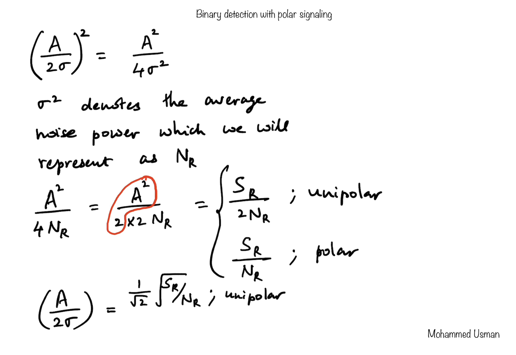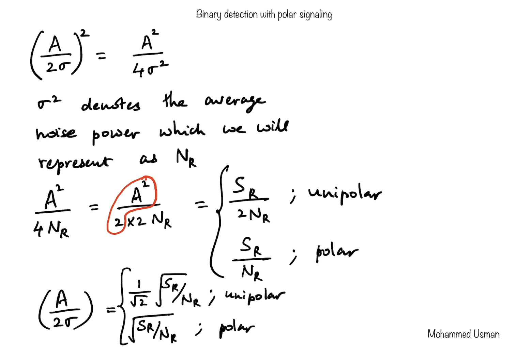That's for unipolar. And in the case of polar, it is simply square root of SR by NR. So that's for polar.